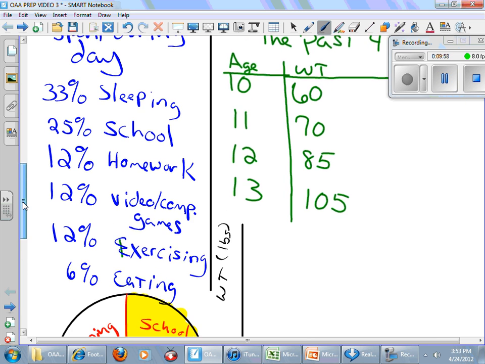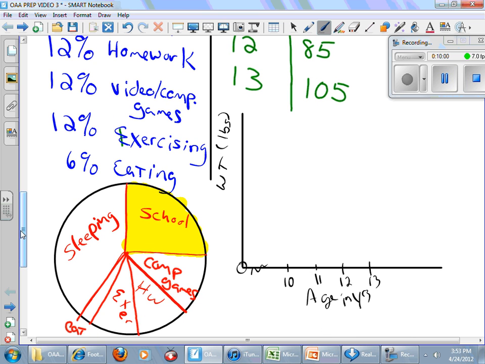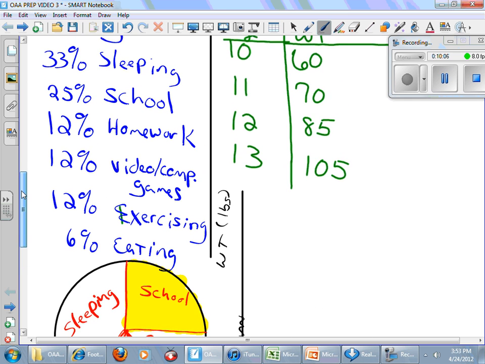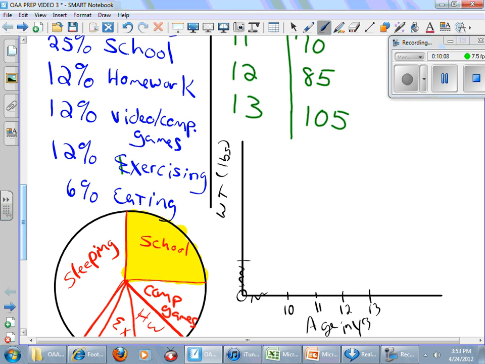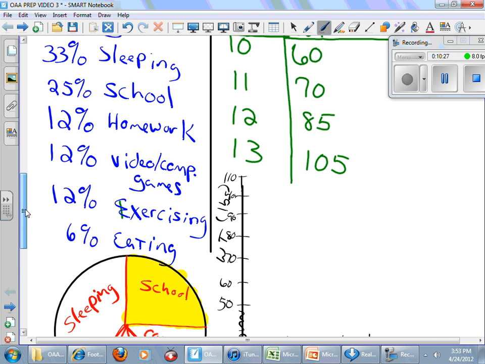And only going up to 105, I could go all the way up, or I could start at, I don't know, maybe 50 pounds, 60, 70, 80, 90, 100, and then like a 110, and make my line go up a little farther. All right, so I think a line graph, because I'm showing change over time.